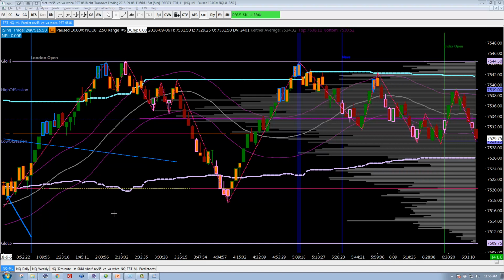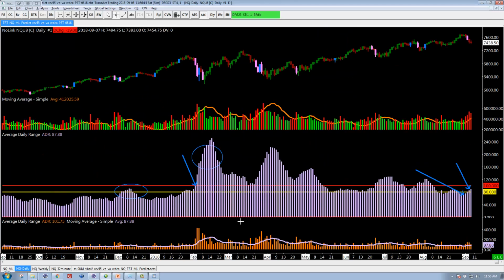Our response to increased volatility is to switch to a model that we call the 45 tick model, but really what it is, it recognizes that bigger range days, more volatility, means more noise, or more randomness, if you like that term better.